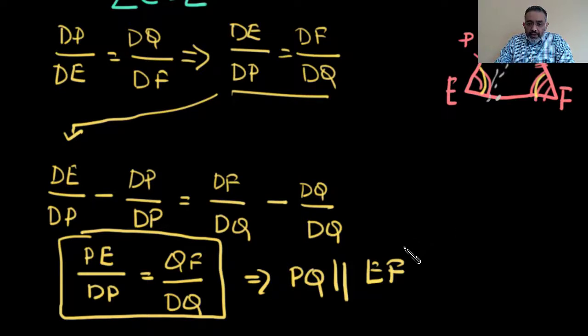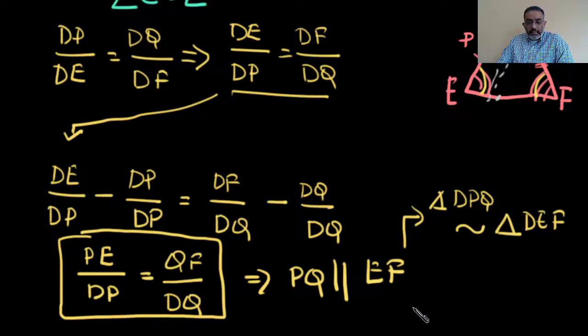So what we have here is that the triangle DPQ is similar to the triangle DEF, right? Now this brings up some interesting points, because that means that this PQ and EF are essentially proportional to all the other sides, right? So let's write that down.